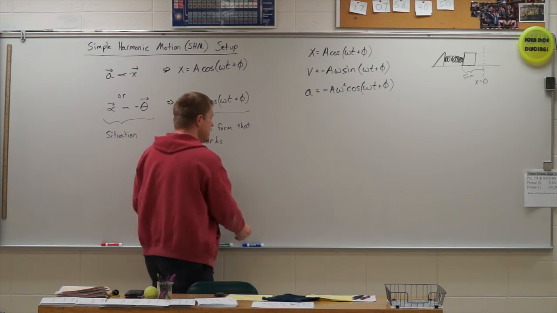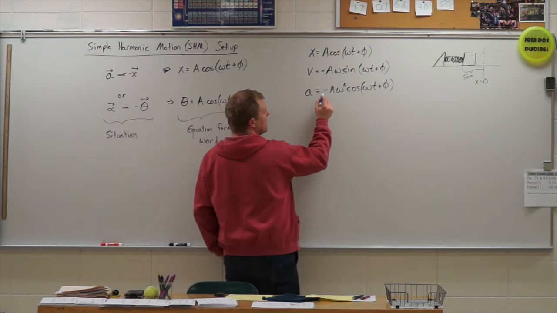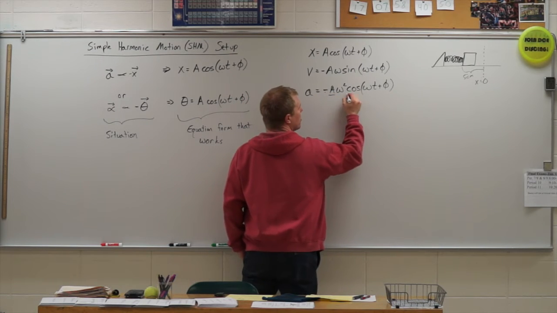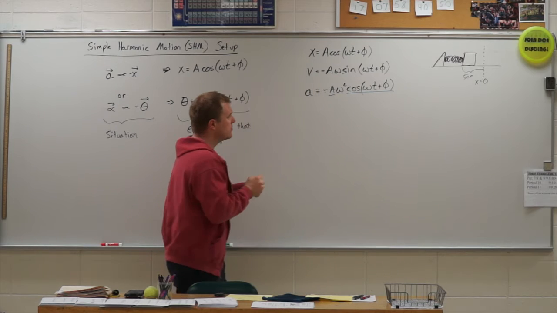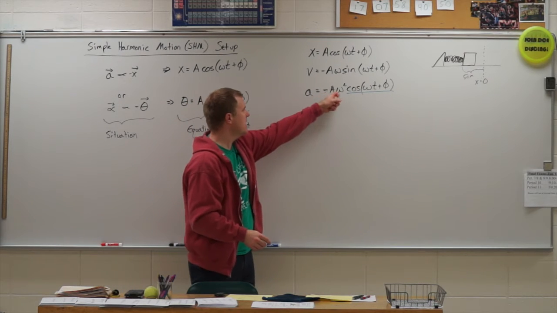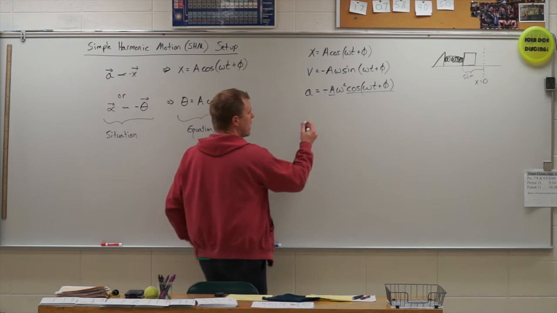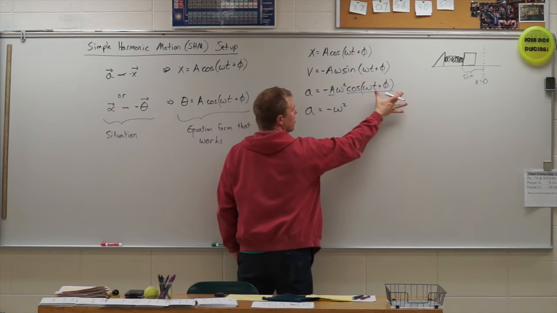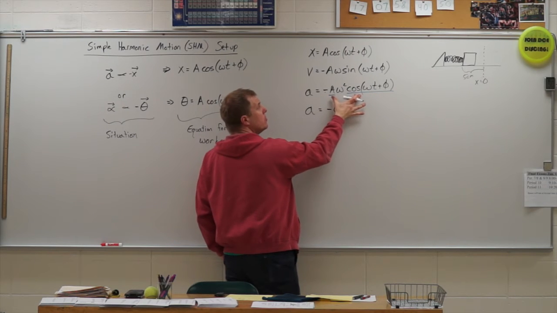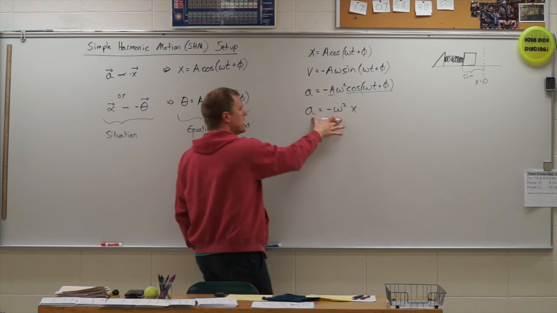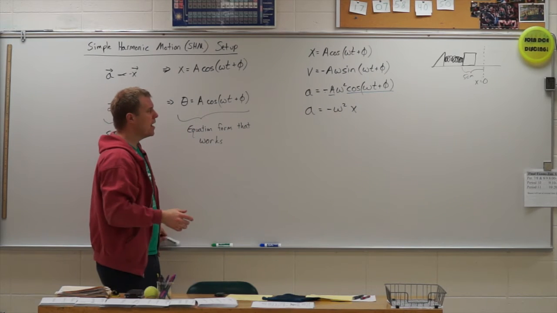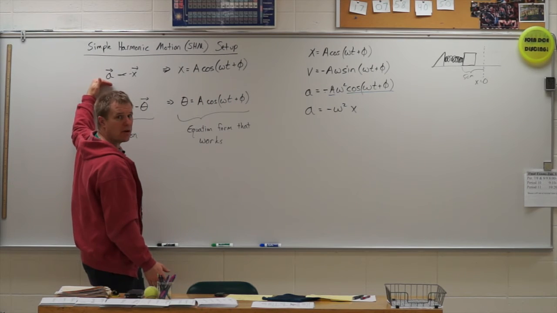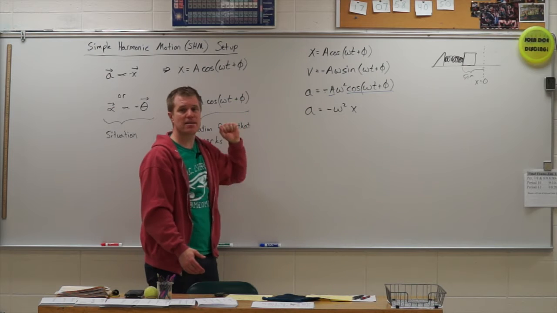What you're hopefully going to see is that I have an A cosine of omega t plus phi term, and I have this negative omega squared. So I get a is equal to negative omega squared times A cosine, but instead of writing all that, I'm just going to write x. And so I get this form for my equation. So it works, and I can get that requirement met using this base.